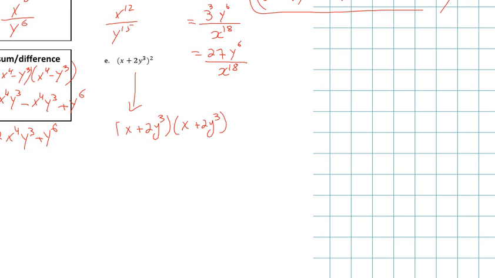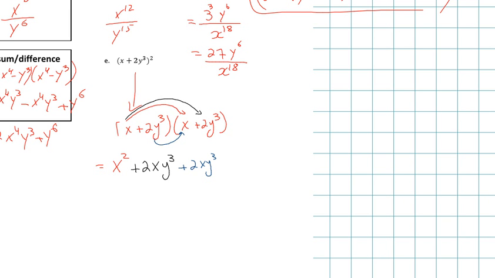So x times x, x squared. x times 2y cubed, 2xy cubed, plus 2xy cubed. You're multiplying everything together. There's nothing you can do, just put them next to each other as a multiplication. 2 times x times y cubed, plus 2xy cubed. Same thing. Plus 4y^6.